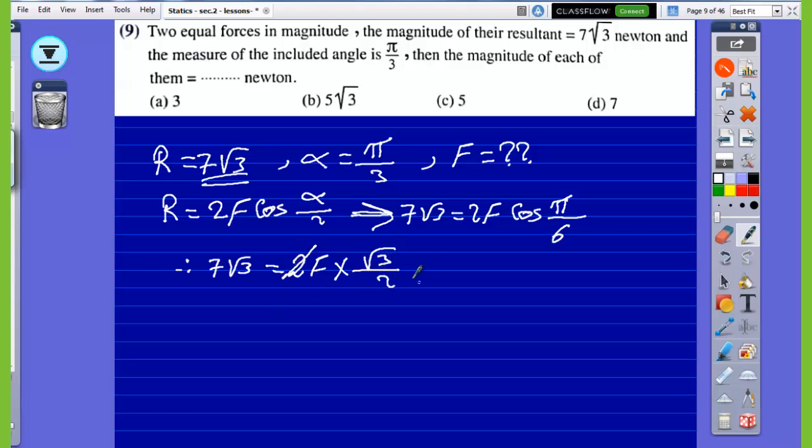Simplifying, we have divide by 2 equals 1, and dividing both sides by root 3. Here we have 1, we have 1. Of course you can use calculator. Then F equals 7, and we will choose letter D.